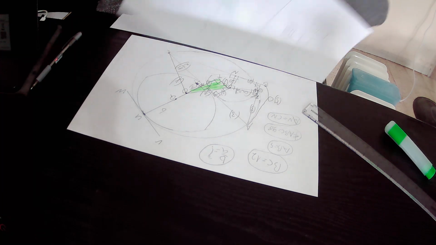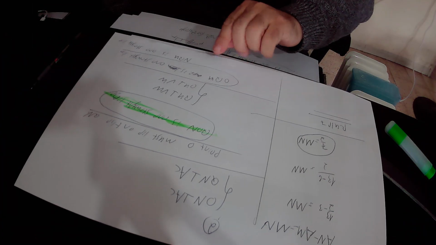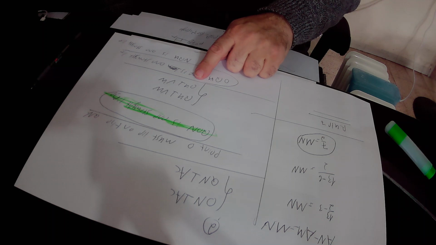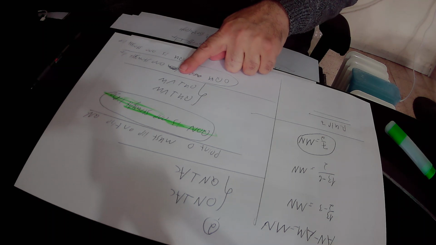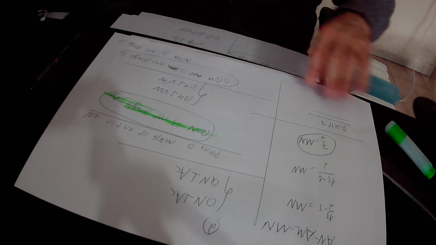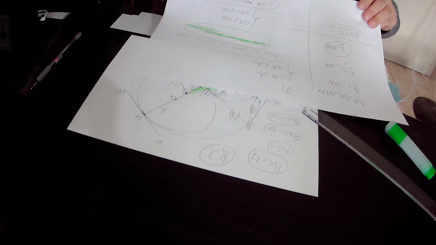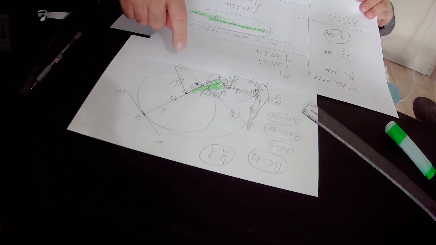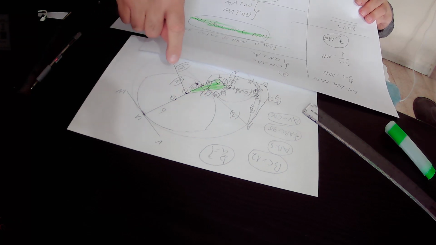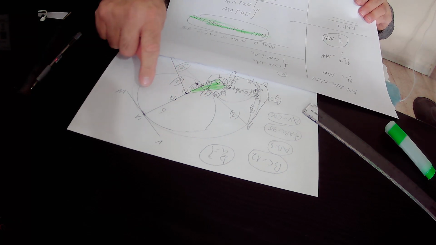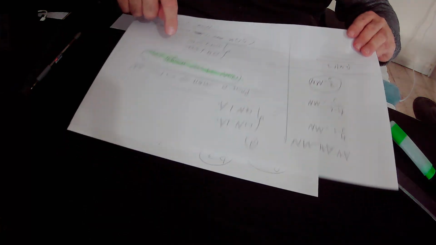Again, the radius of the biggest circle OU is also perpendicular to VW, and the radius of this circle, that is QU, is also perpendicular to tangent VW.